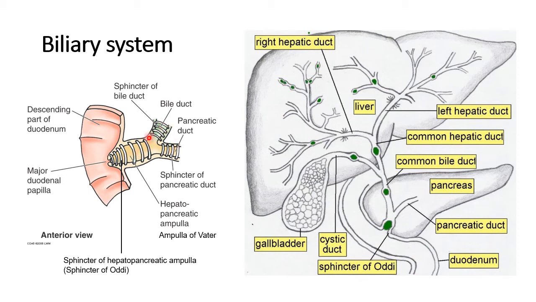So there are three sphincters, and the sphincter of the ampulla is called the sphincter of Oddi, according to the anatomist who discovered it first.